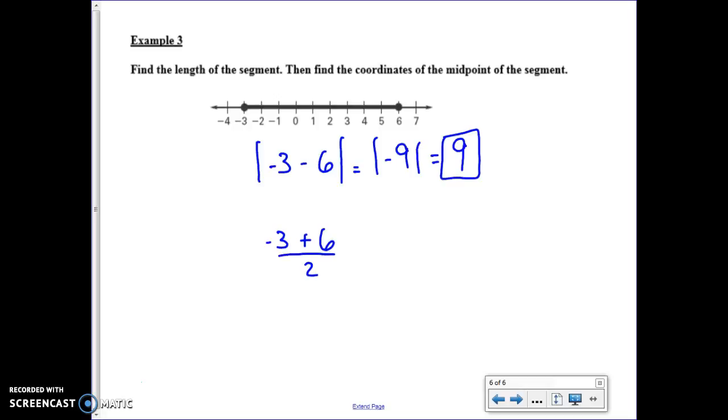So -3 plus 6 would be 3, and then we divide by 2. So 3 over 2 is 1.5. So our midpoint here is 1.5. Halfway between 1 and 2.